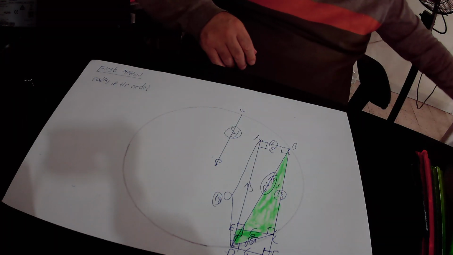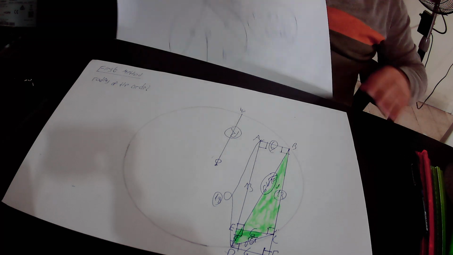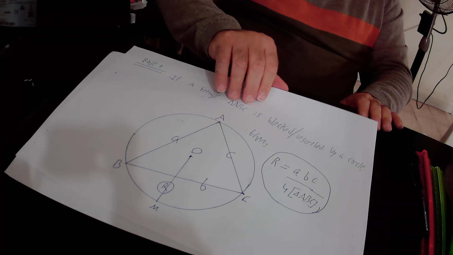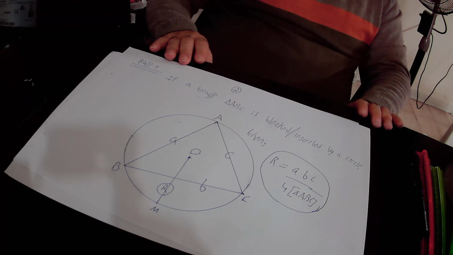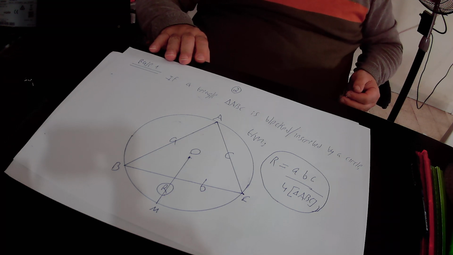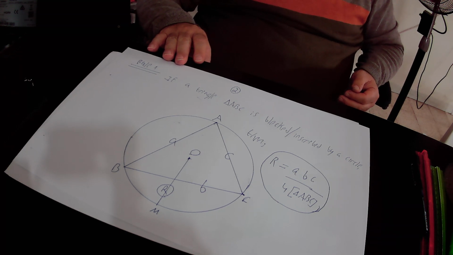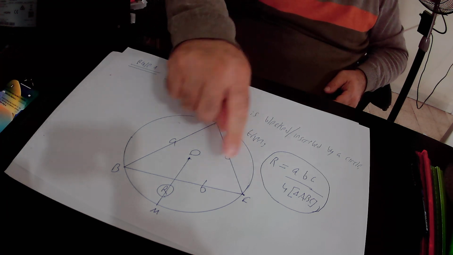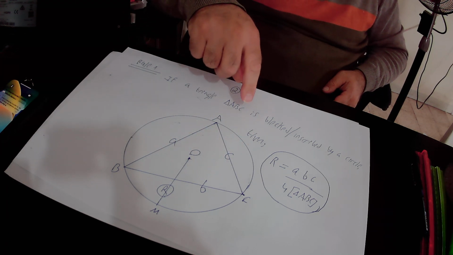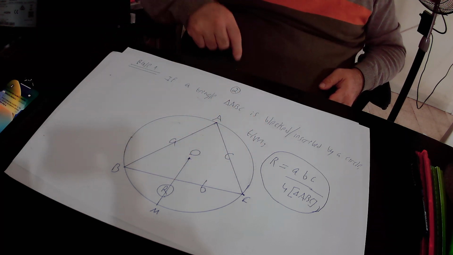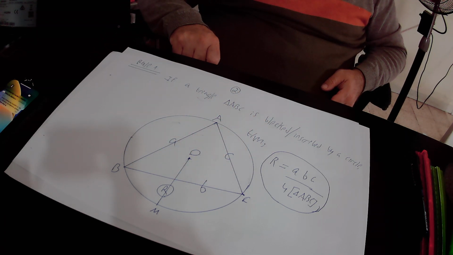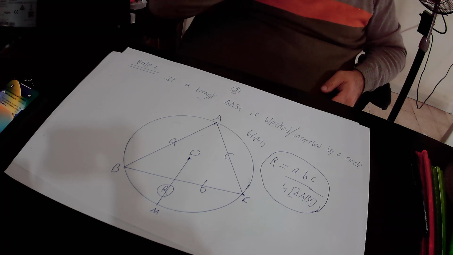In the next step, I presented to you a new rule, and we implemented the new rule in our drawing. According to the new rule, suppose a triangle ABC is blocked by a circle. This triangle ABC could be any triangle. What is a triangle that is blocked by a circle?